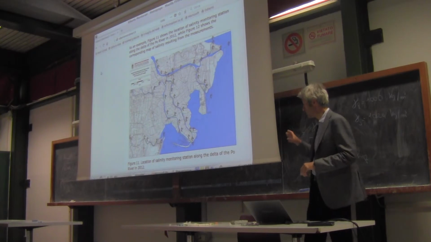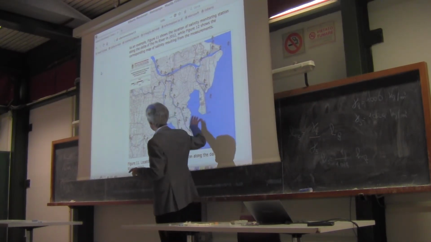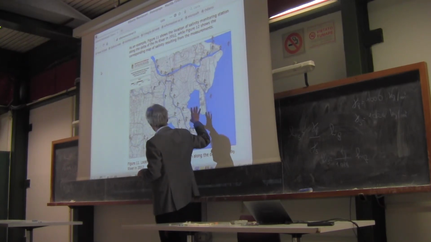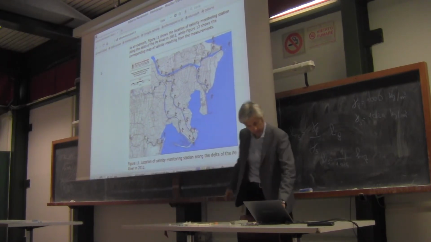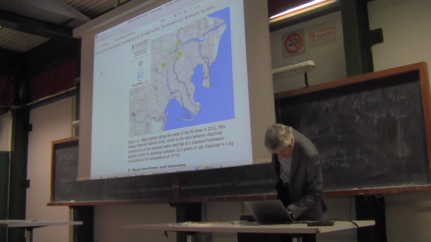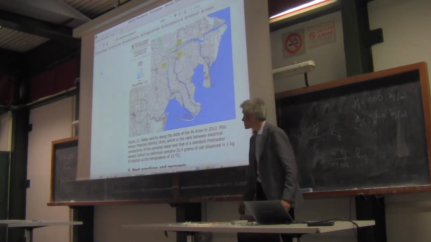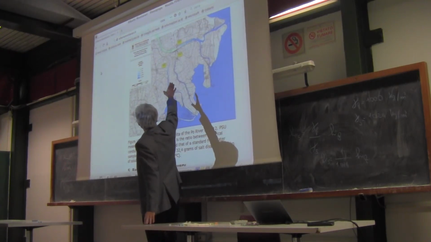This is a typical scheme, and this network is completed by a network of piezometers and wells. In this way, they can get a picture of salinity along the river network and in the aquifer. And this is a map of salinity referred to a particular day, which was August 9, 2012. You see the different colors.